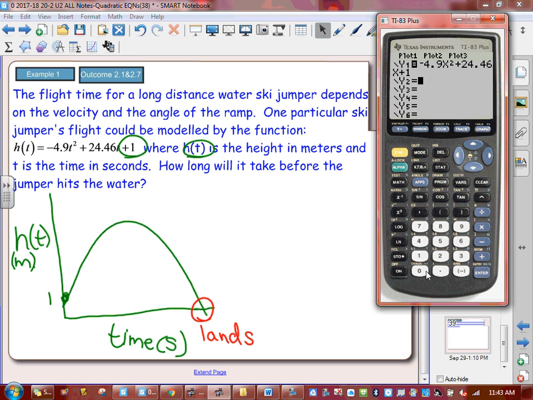Okay, and then in y2, what do we always need in there? 0. Good. We need 0 in there, and I'm going to make it a thicker line. There we go.